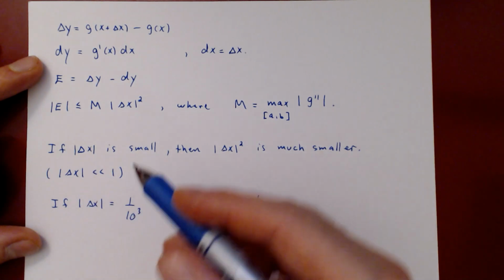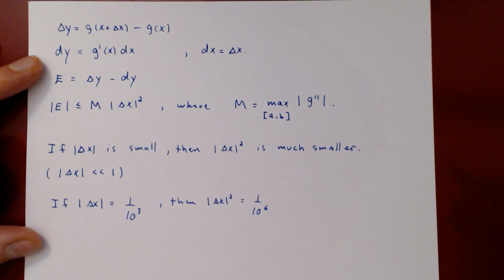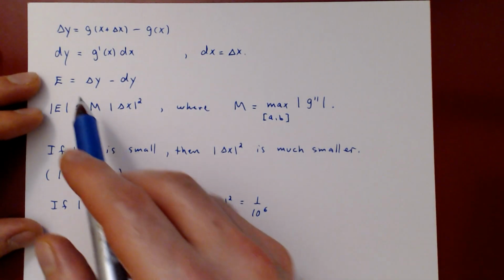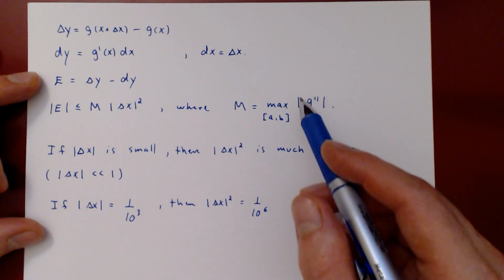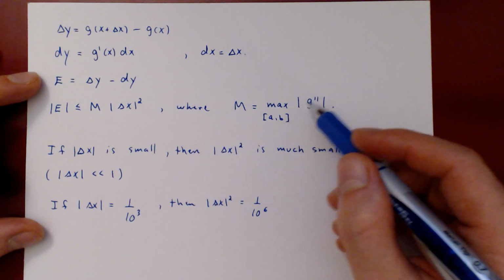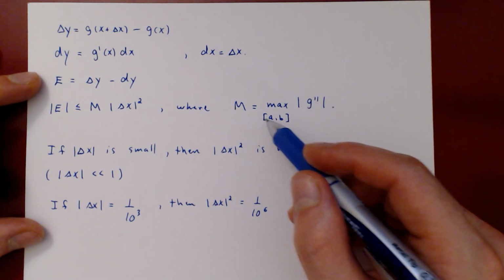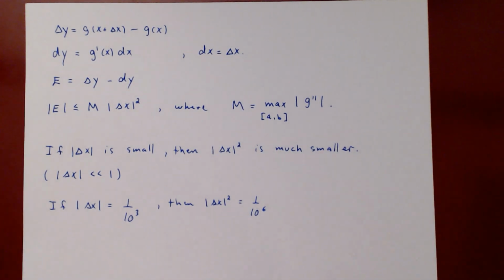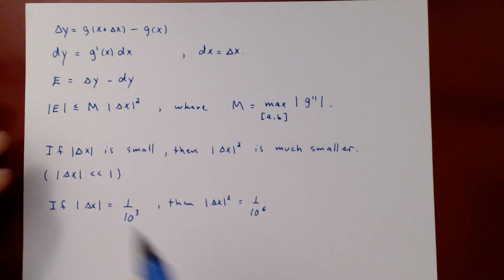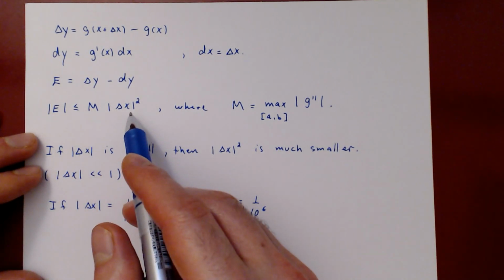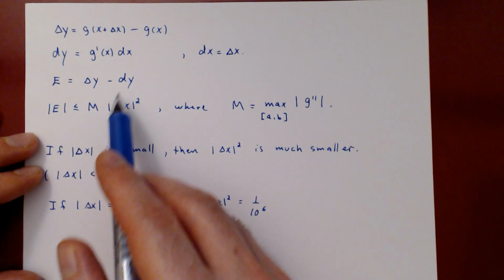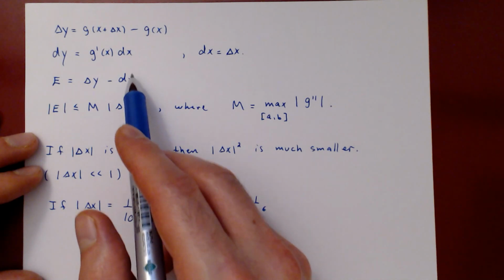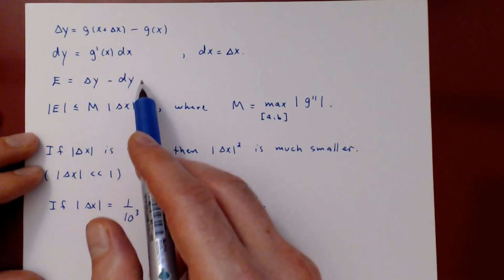We can see this algebraically, and we can see this geometrically. So of course the constant m depends on the maximum value of the absolute value of the second derivative on the interval from a to b. But hopefully this gives you a more explicit reasoning as to how good is the approximation of the exact change in the function from the differential, the change along its tangent line.